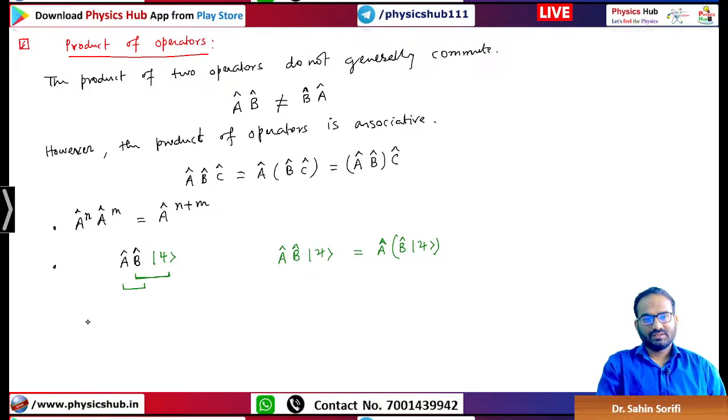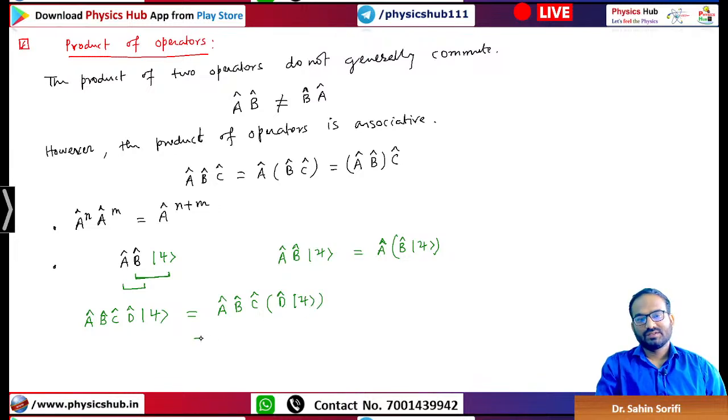Now let's say you have the product of multiple operators A, B, C, D operating on, let's say, psi. Then what will happen? First D will act and produce some ket. Then C will act on that ket.